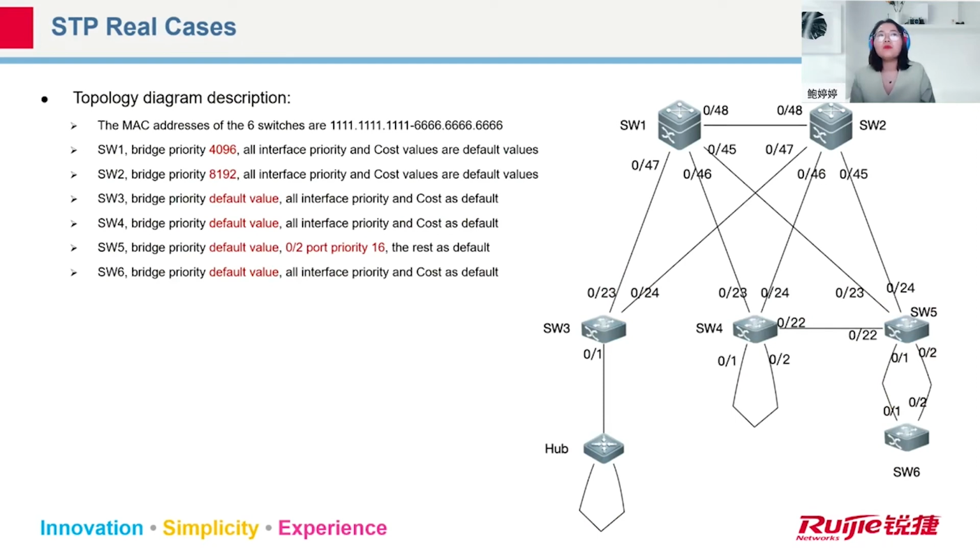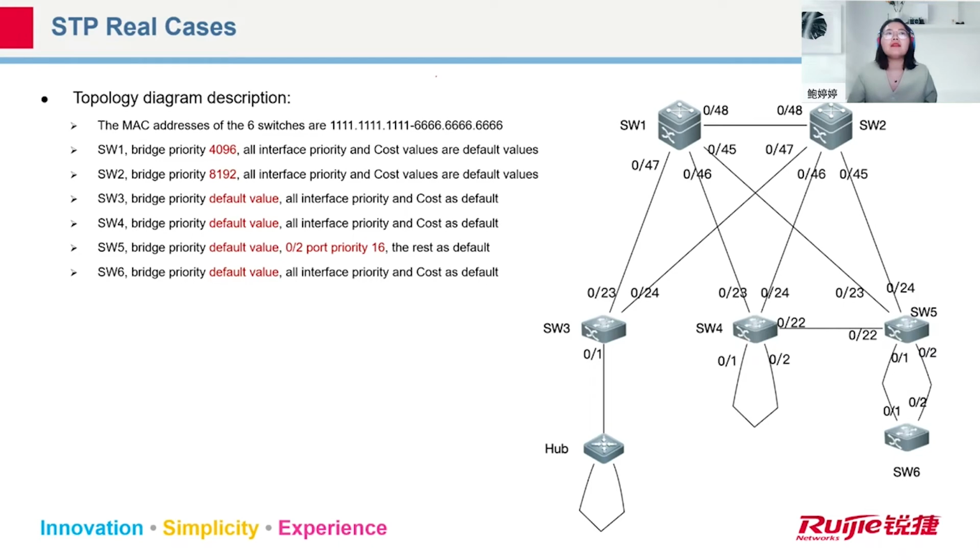Now we will have a real case. In the earlier example, I only showed you 3 switches, and how to select who is RP, who is DP, and so on. But in your real network, it may be more complex, for example like this topology.